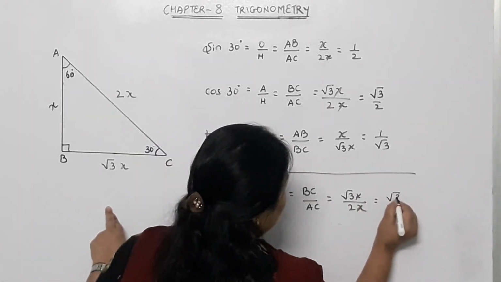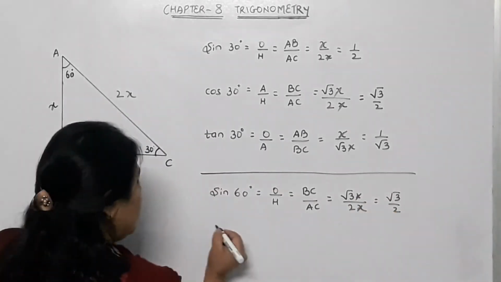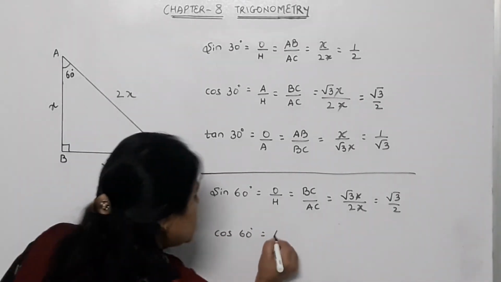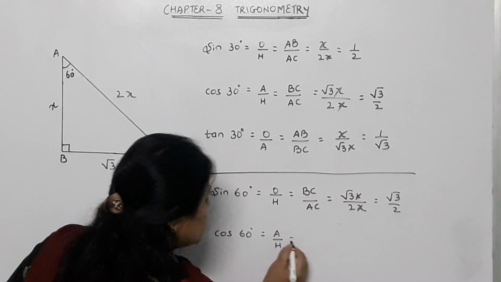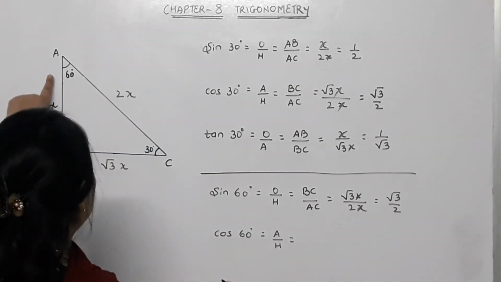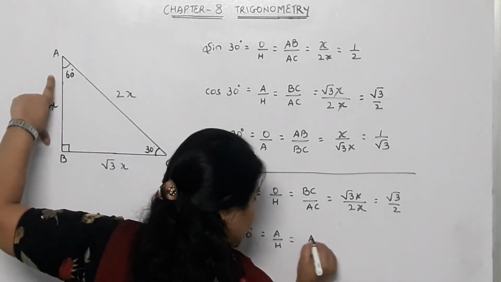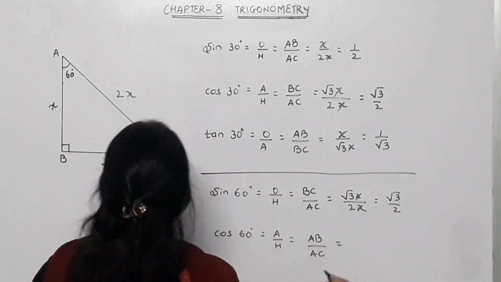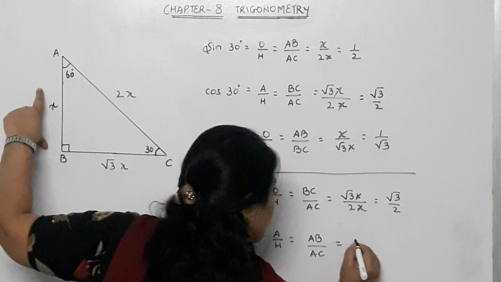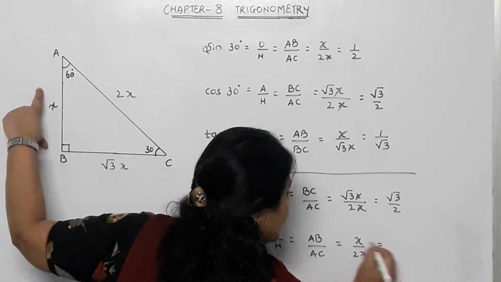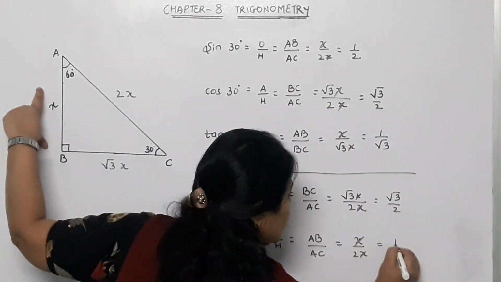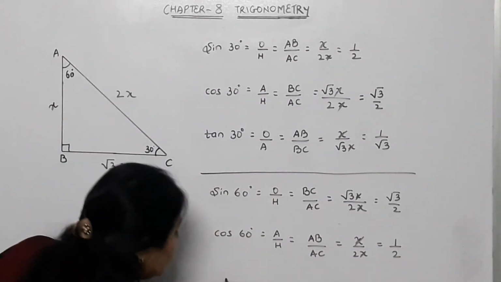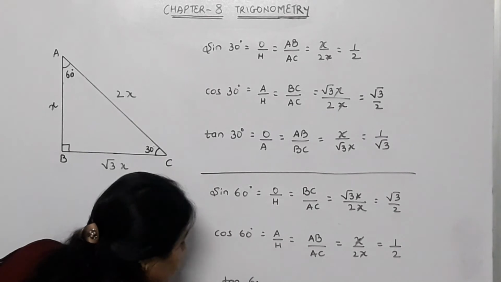We will get root 3 upon 2. For cos 60, adjacent upon hypotenuse, and here the adjacent is AB and the hypotenuse will be the same, that is AC. So x upon 2x, x and x will be cancelled. 1 upon 2 will be for cos 60.